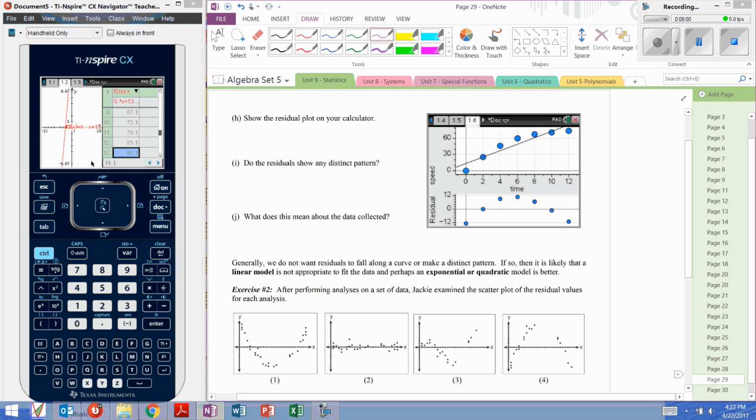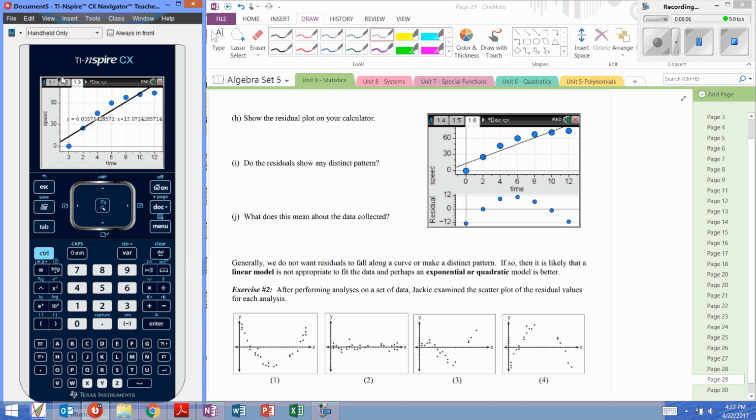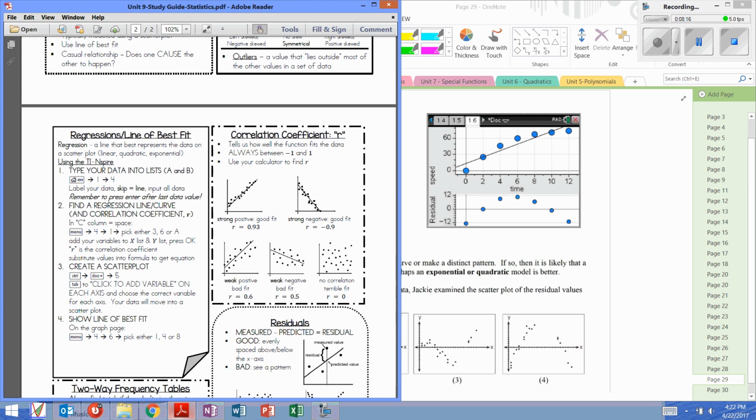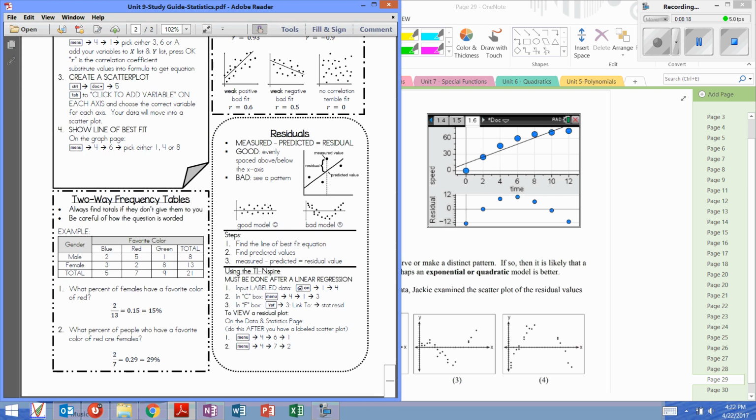So what we want to actually do now is show this residual on our calculator. We need to go back to our graph here, where we showed all of our data, okay? And we need to follow our study guide, which I have open right up here. So down below here, it tells us what to do.